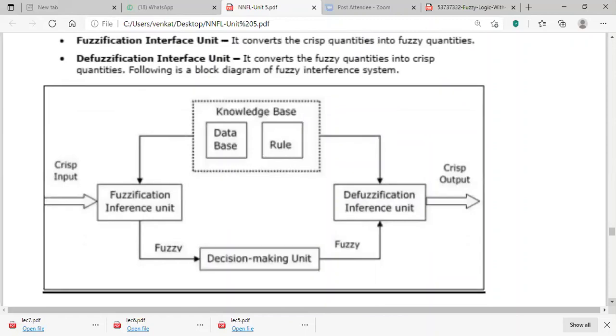So you can go through the block diagram. Please note down this block diagram, all of you, in your notebook. So input to the fuzzy inference unit will be crisp input. So you are converting it by fuzzification. With the process of fuzzification, you are converting it into fuzzy and writing the if-then rules using your knowledge base and making a decision unit.